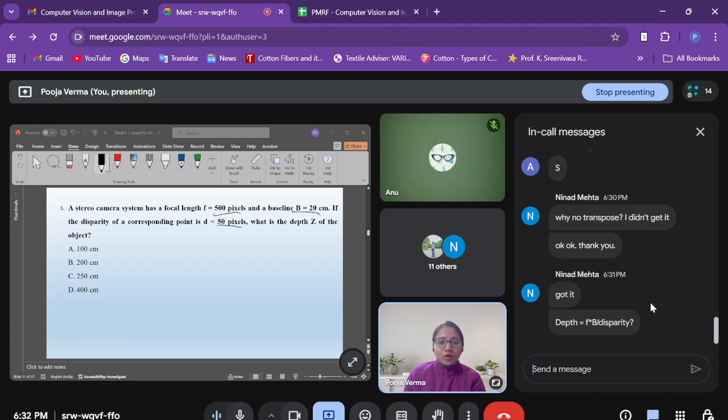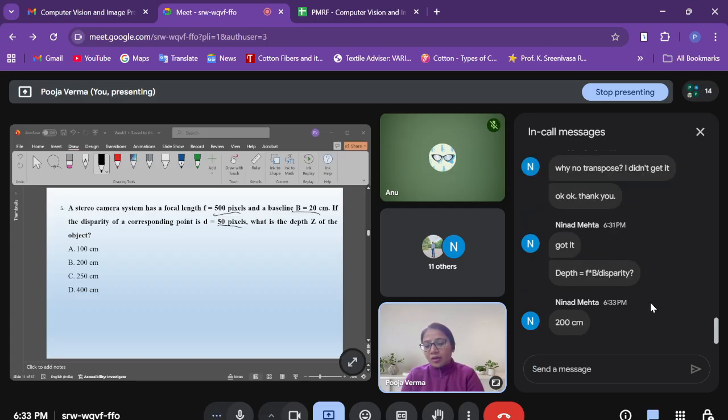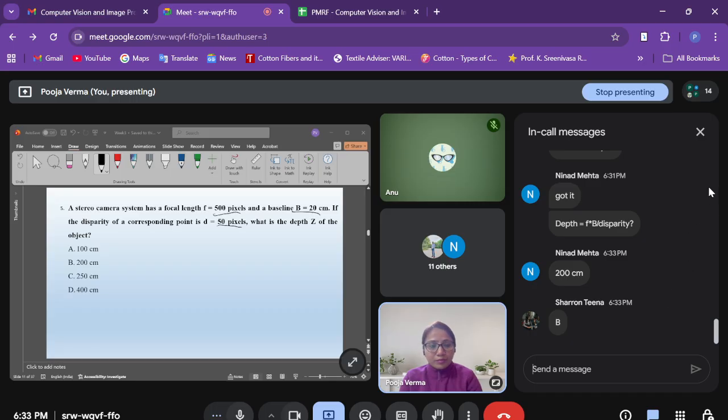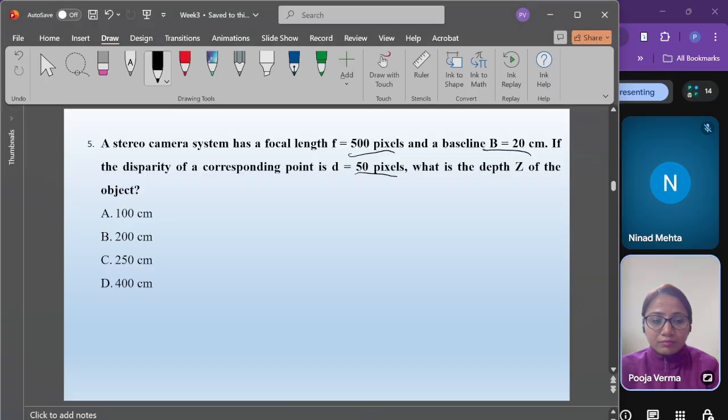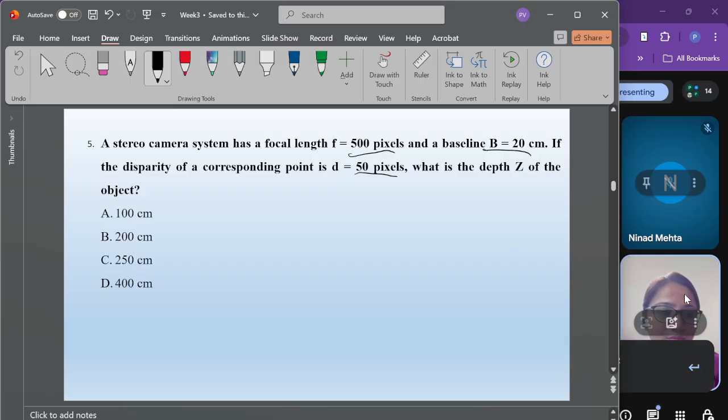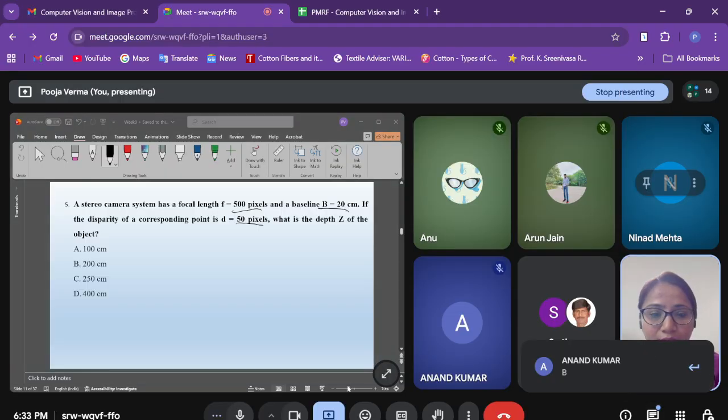Yeah, this formula is correct: depth is equal to F into B divided by D, where B is the baseline, F is the focal length, and D is the disparity, right? Okay, yeah, correct. You have given the right answer. So let's solve it here for the others. Yeah, B is the correct answer for this question.